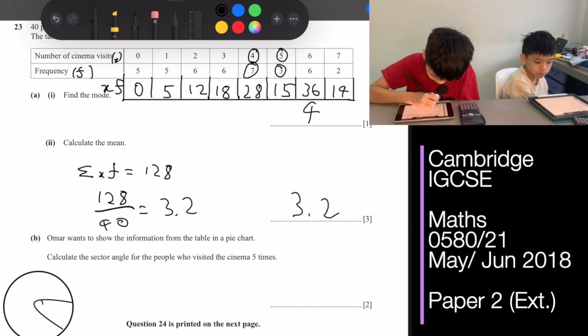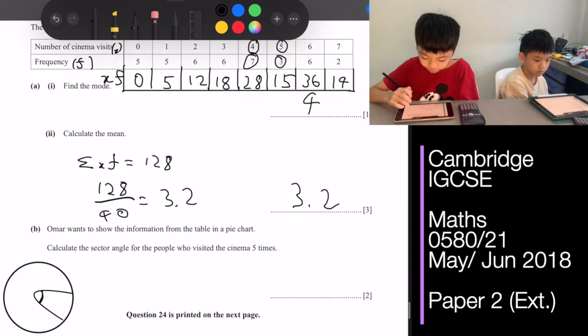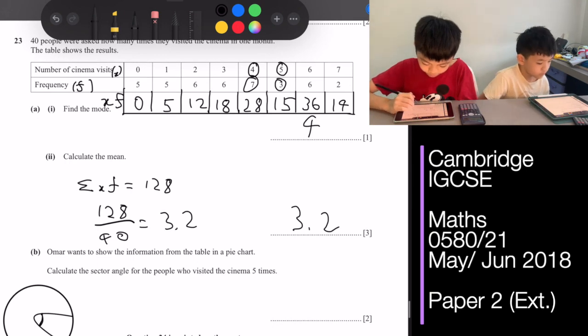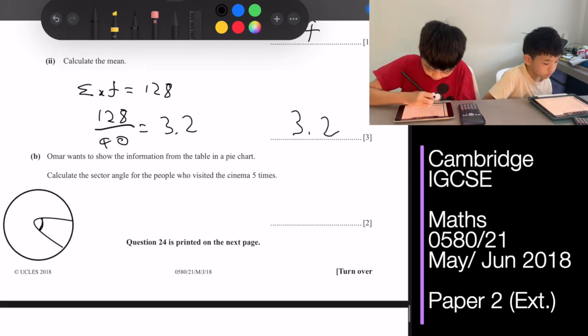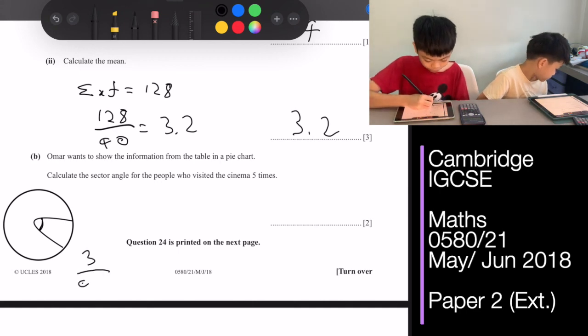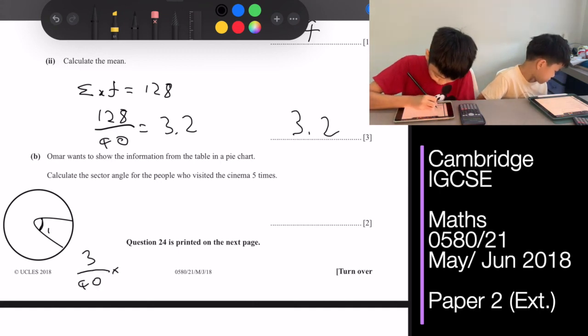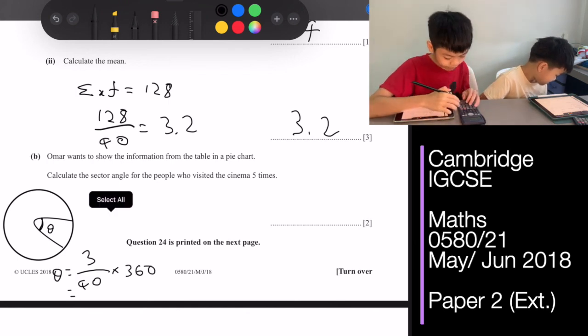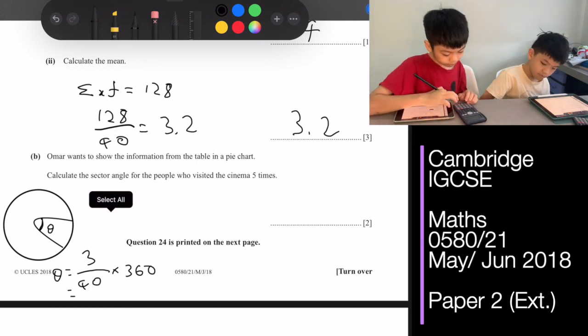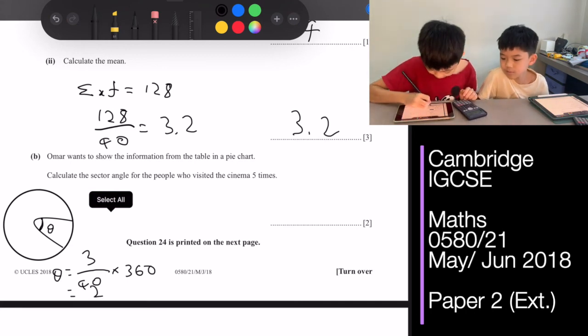So this angle over here, the frequency is 3, so it's 3 over 40. To find that angle, it's 3 over 40 multiplied by 360, which is 27.